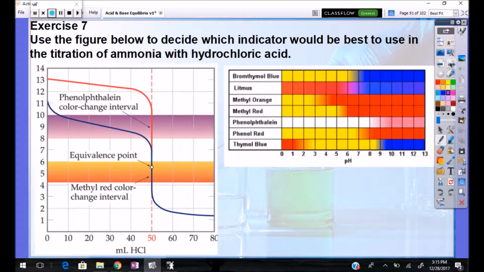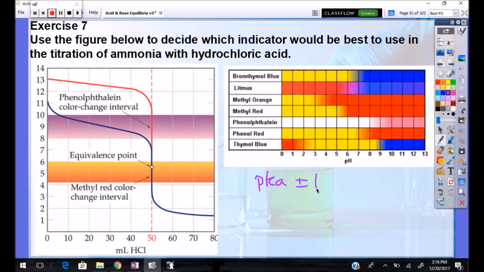Okay. We also need to look at indicators and when is an appropriate time to use one. With indicators, we want to use an indicator that is within the range of, like I said, pKa plus or minus 1. Since its useful range is pKa plus or minus 1, that can tell us what region we're looking for.